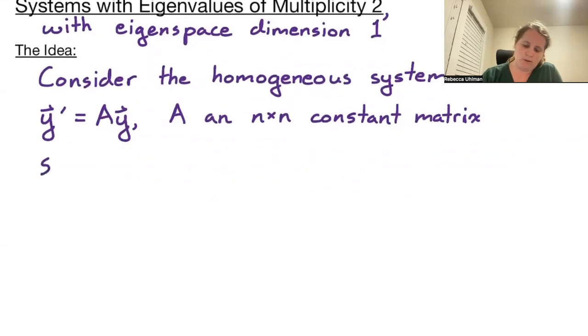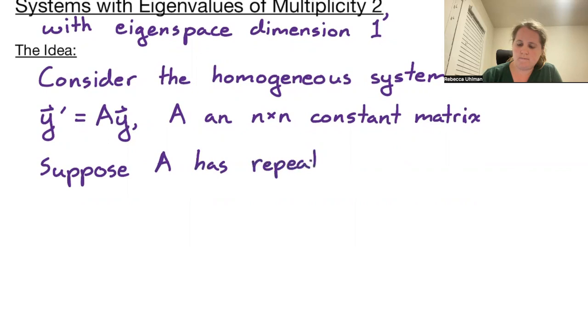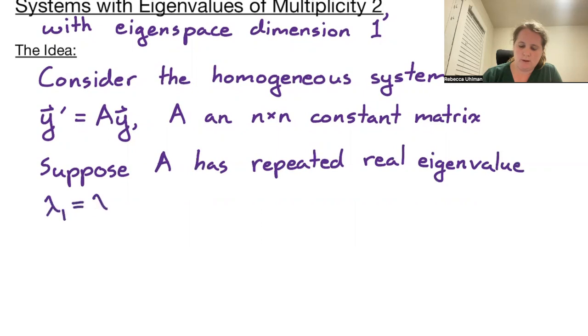Let's suppose that A has repeated real eigenvalue, lambda 1 equaling lambda 2. Note it actually could have higher multiplicity for what we're doing here.